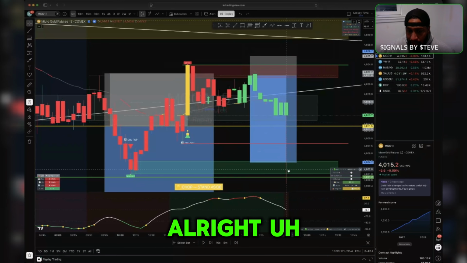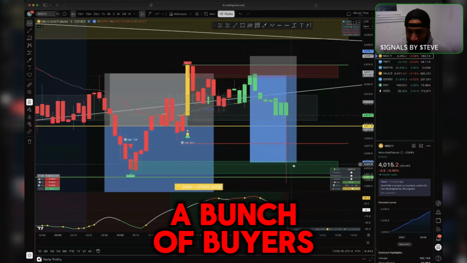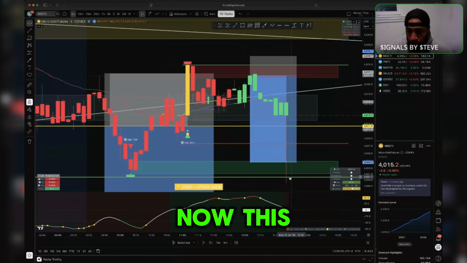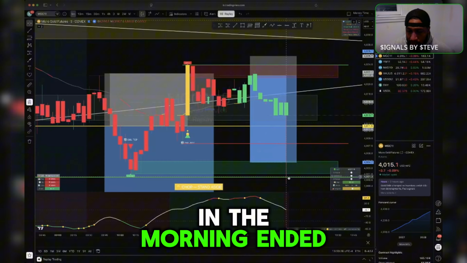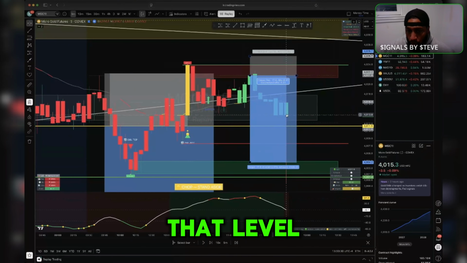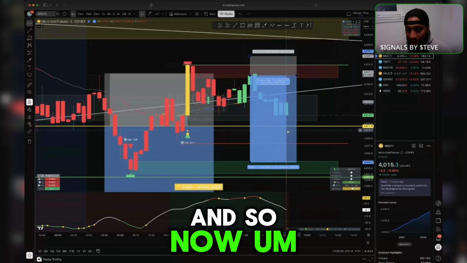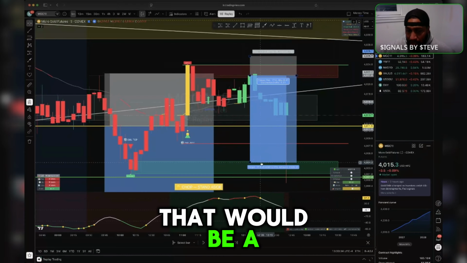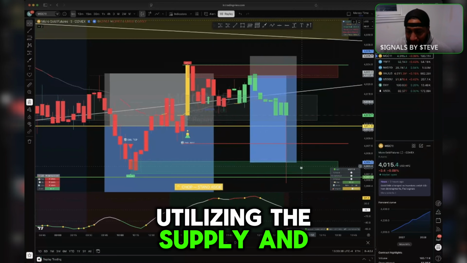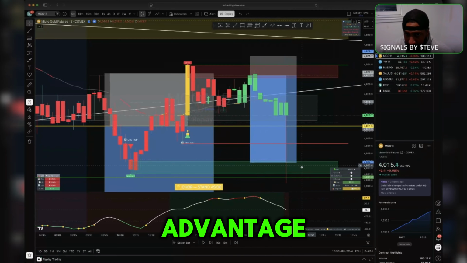This was met with a bunch of buyers here, and you can see the market sold down. We were already selling this in the morning, ended up in that TP1, and then had a hard reaction off of that level. So now that would be a full TP hit, utilizing the supply and the demand to your advantage.